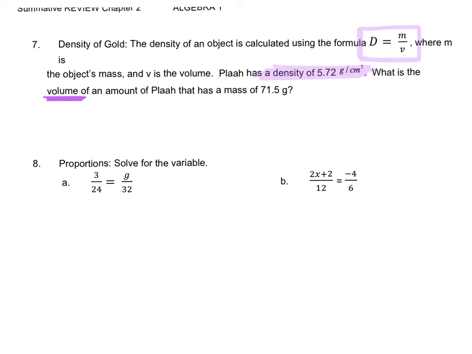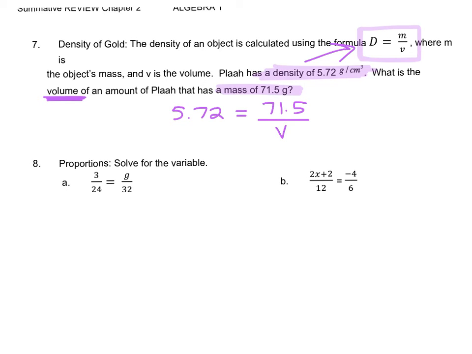That's what I need to figure out, of a material that has a mass of 71.5 grams. So I'm going to put the numbers that I have into my formula and then solve for volume. Density is 5.72 equals mass 71.5 over volume, which is V.